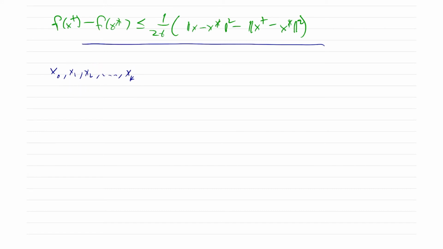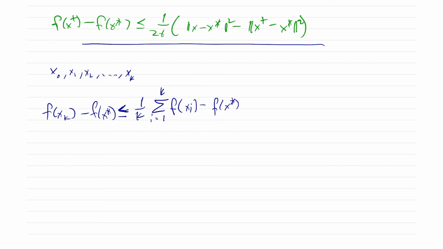And so what we see is that if we take the average of f of x_i minus f of x star, with i going from 1 up to k, and then we divide by k, then this average is going to be bigger than the kth iterate, f of x_k minus f of x star.